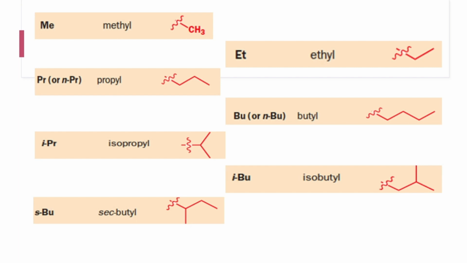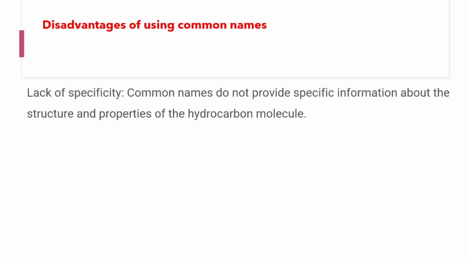So in this case, how can we give a common name for the compounds? It starts to be very complicated. So for that reason, there is a lack of specificity and simplicity in the common names. Common names don't provide specific information about the structure and the properties of the hydrocarbon. Also, common names get more complex as the organic compounds get larger in size.